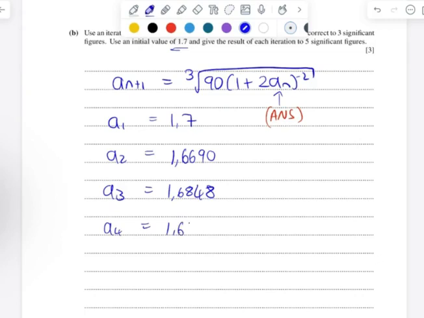Okay, you don't need to skip spaces like I've been skipping spaces. It's 1.6787.